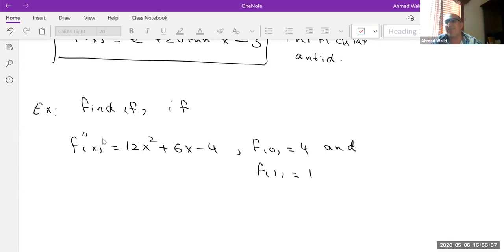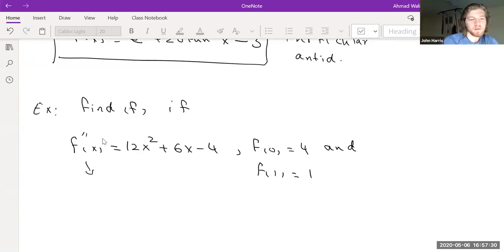Go step by step. From f double prime, what is the next step to go? If you take the antiderivative of this function, it gives you what? F or f prime? Think the opposite. For example, you are looking for the interval of concavity. What was the step to find the interval of concavity of a function?